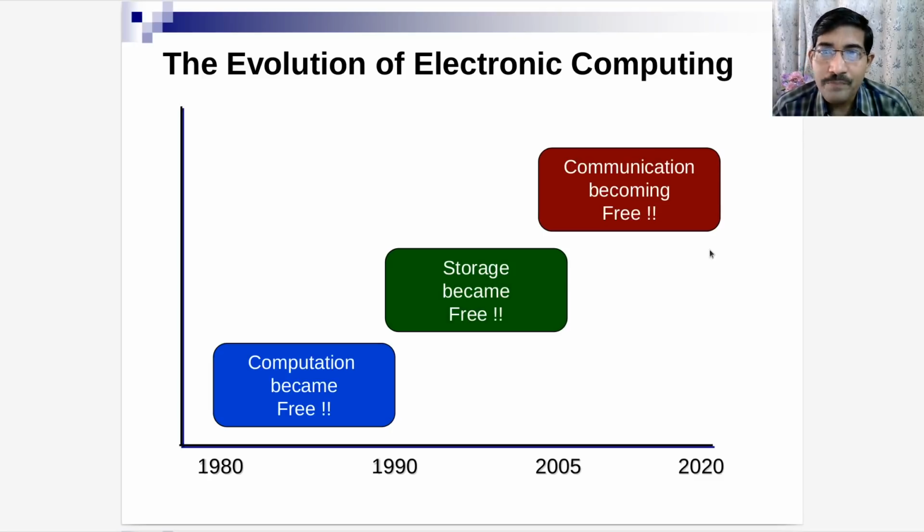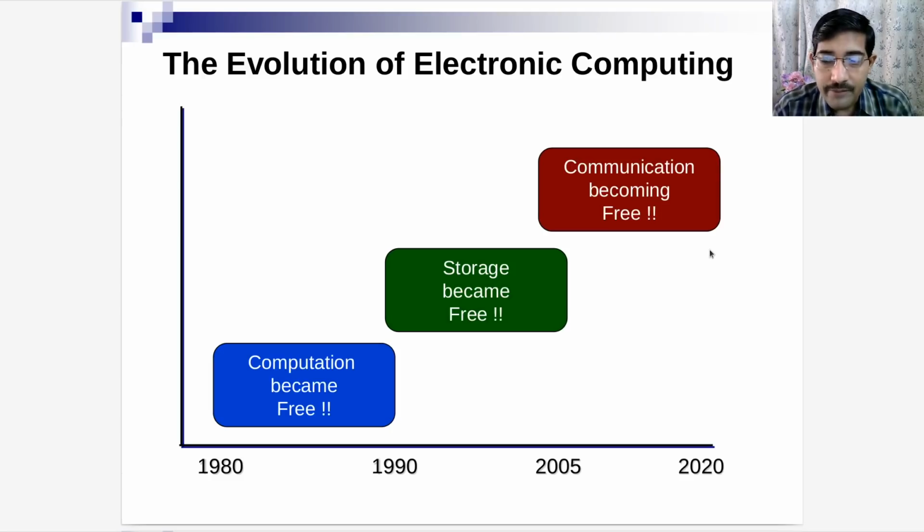So gradually, the evolution of electronic computing started from computing devices which made computation free, then memory devices which made storage free and portable, and gradually it moved towards the communication era which we are going through now, where communication is becoming almost free.